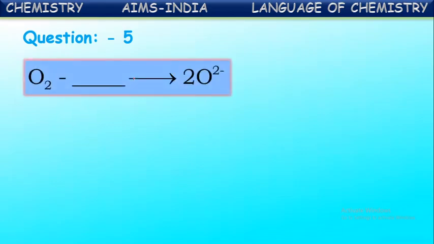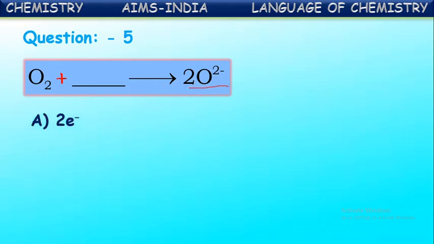Oxygen minus dash gives oxide ions. Sorry, it should be plus, because oxygen will gain electrons to form a negative ion, isn't it? So how many electrons are gained by oxygen to form two oxide ions?